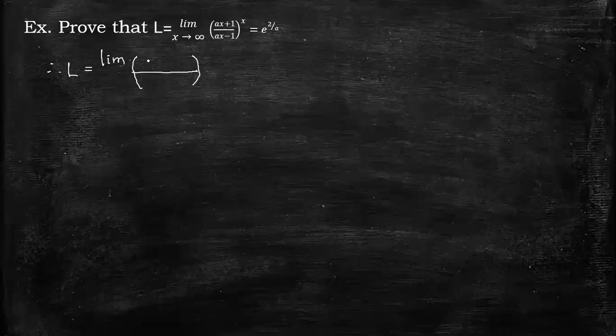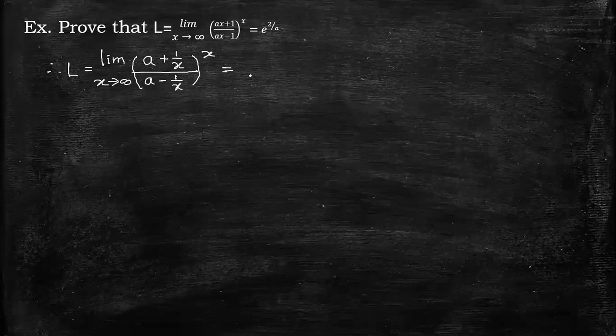So that is a plus 1 by x upon a minus 1 by x, bracket to the power x, x tends to infinity. Now you can tell me the form. Which is this form? 1 raised to power infinity. 1 to the power infinity form.